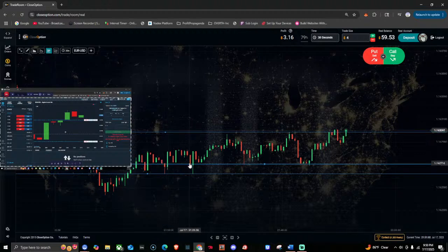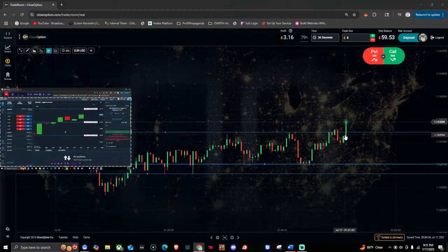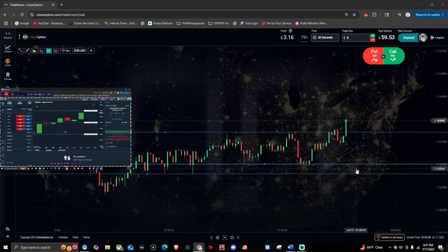That's 2, 3, 4 with some visits, 5. Now we're seeing something early on in this 30 seconds. We're going to see how this shows itself. Looking like it's definitely going to go into another place. We got 30 seconds left.